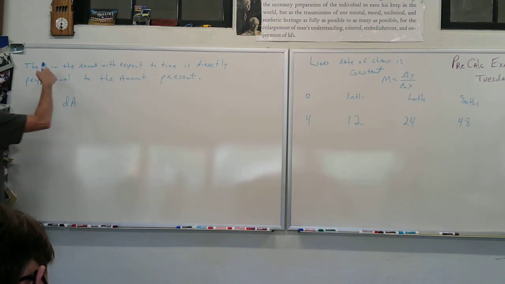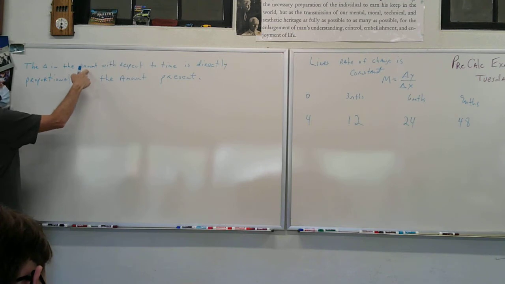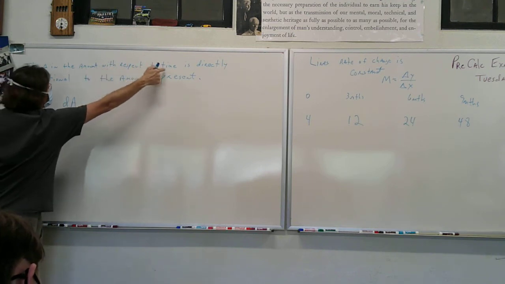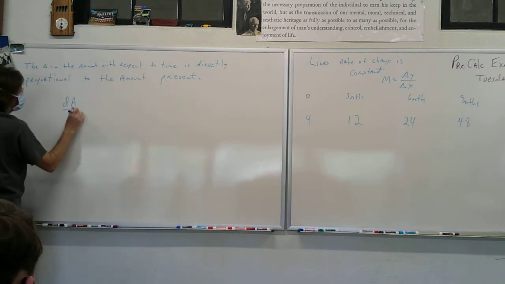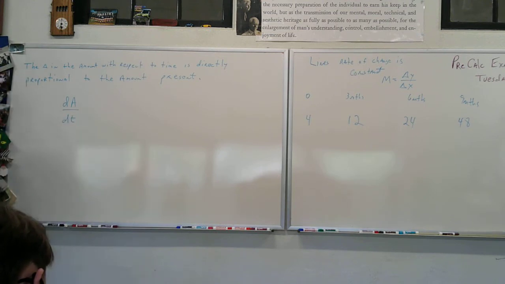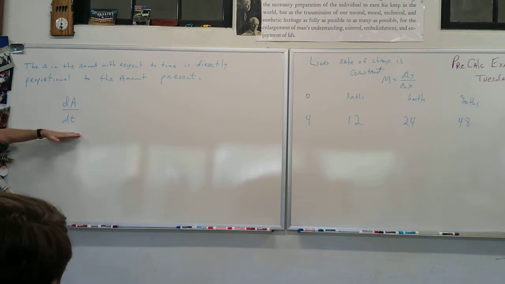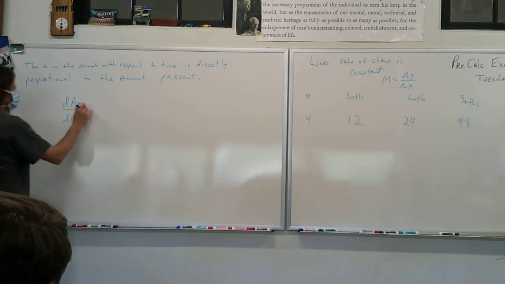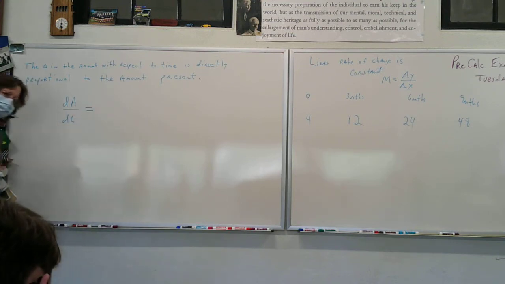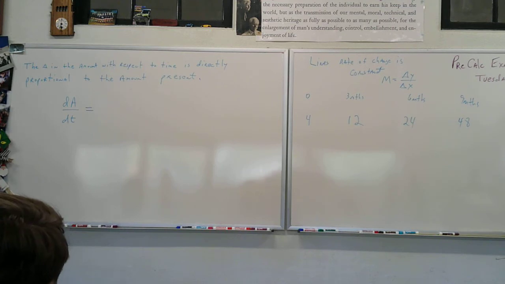Okay. Change in the amount with respect to what? Time. DT. Change in time. Respect to. Change in the amount with respect to change in time is. Now, when y'all did proportions in the 6th and 7th grade, y'all might have used one fraction equals the other fraction.